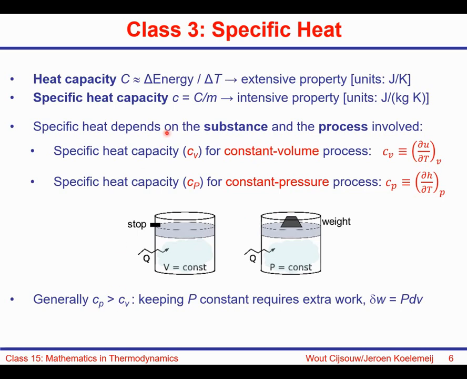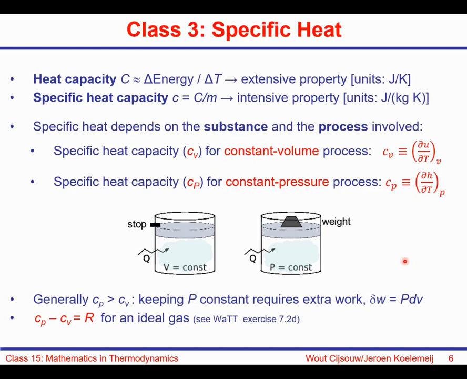What I mean by that is to achieve a certain temperature change, delta T, of your gas, you need to supply more energy in the case of a fixed pressure because you have to do this additional work. This is delta W, which is in this case the pressure times the volume change.